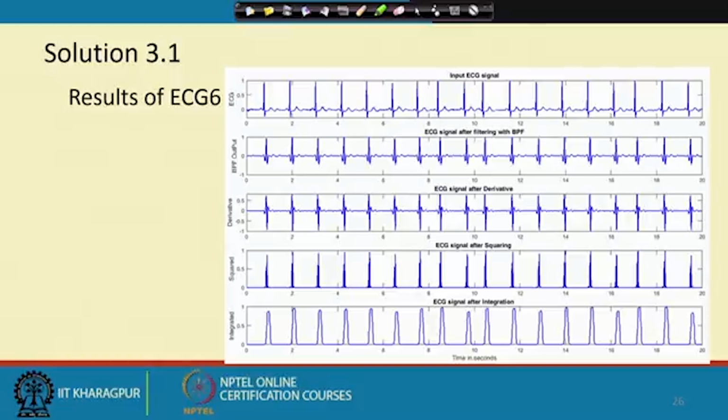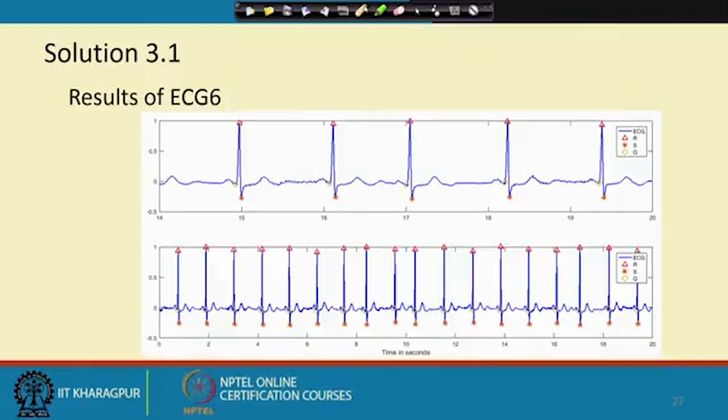Again, for ECG 6, the last signal, which has the low heart rate, we get the signal here, and then we get the band pass filter output, derivative filter output, the squared output, the pulses we get, and these are the QRS outputs.